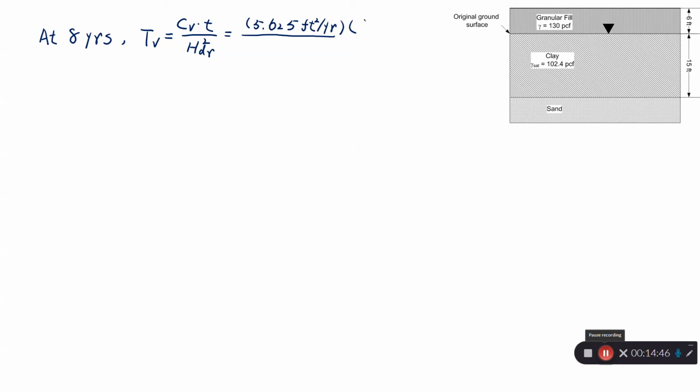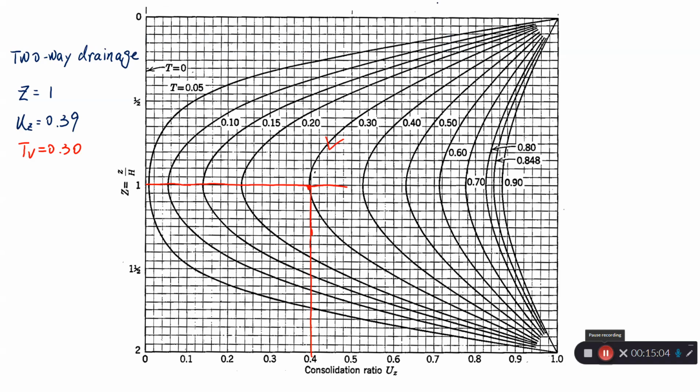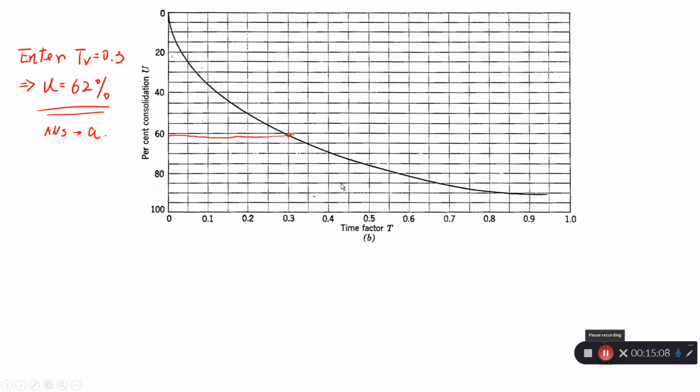And 8 years, HDR still 7.5 squared, right? And I got point A, right? And then what I'm going to do is find the right chart. So enter point A.